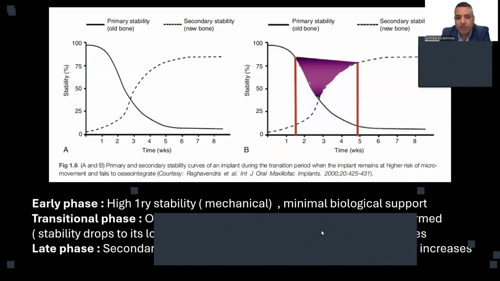During implant insertion, the stability that the implant achieves is completely mechanical and is called the primary stability of the dental implant. During the healing period, the biological process of osseointegration changes this to a mixture of mechanical and biological stability, which means that the mechanical stability decreases and the biological support starts to increase.